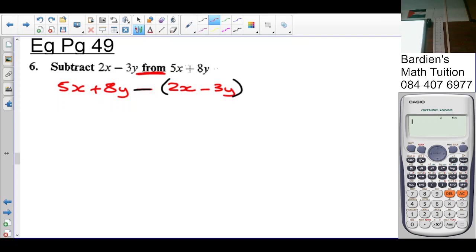Add like terms. First multiply the negative in. Get rid of the bracket. Not so? Yes, sir. So you're going to multiply in. So carry on, Michael.